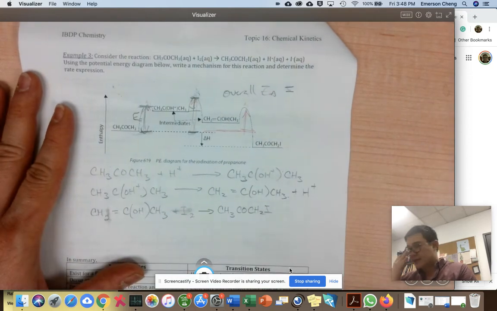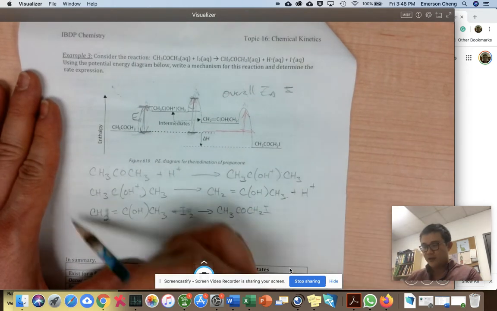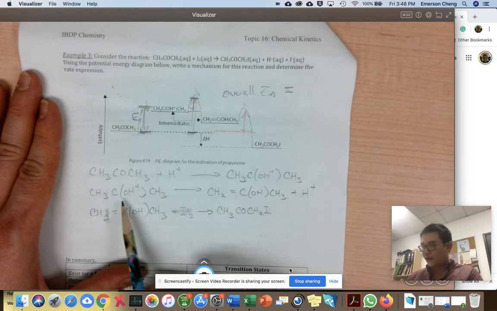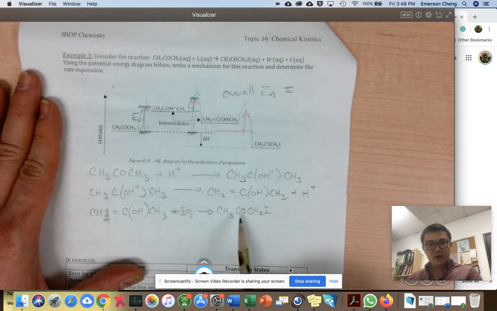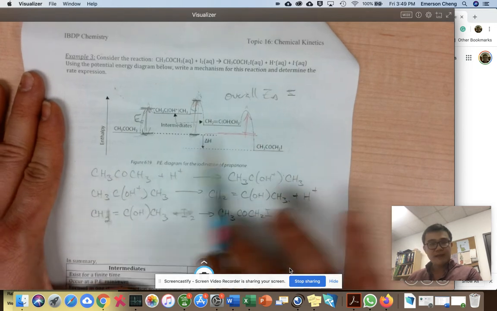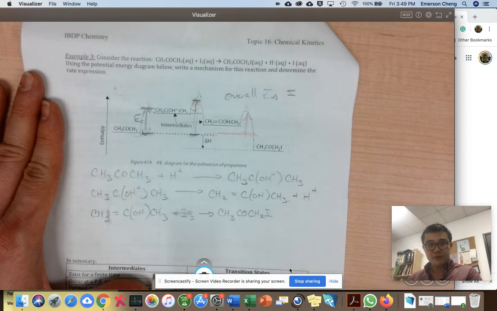What I'm trying to get at is this whole thing is a reaction mechanism. Each of these smaller steps are called elementary steps. So the mechanism is for the whole thing, and each of these short steps are elementary steps.